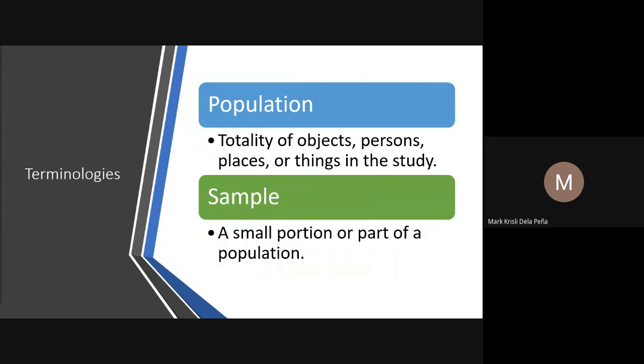If you experience people going to your houses, counting the number of heads per household, that's called census, because they will be getting all the people within that household, all of the residents. That's census, when the data are all from the population.